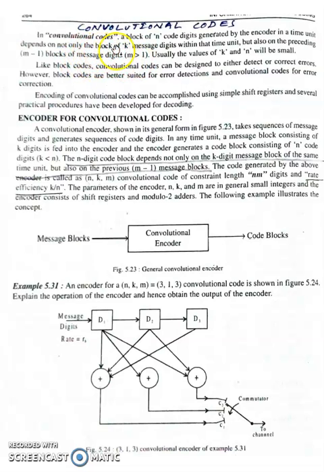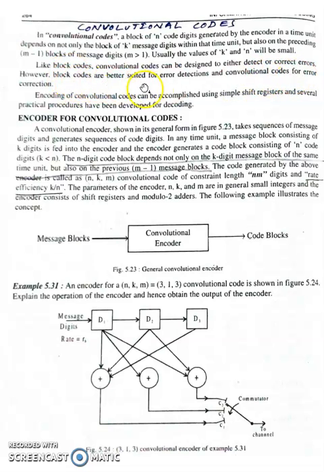It means that not only the present input, but also the past inputs, which is nothing but m minus 1 blocks of message digits, where m is greater than 1. Usually k and n are very small. Like block codes, convolution codes are designed to detect or correct errors.